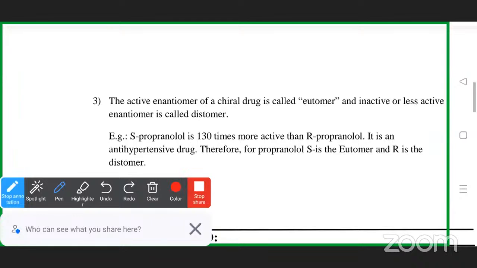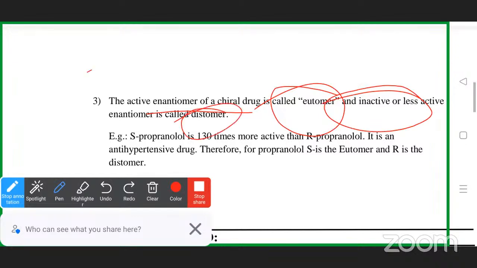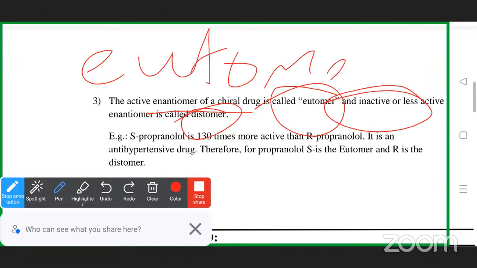So the active enantiomer of a chiral drug is called the eutomer, and the inactive enantiomer or inactive isomer is called the distomer. Eutomer and distomer, these two names are frequently used in chiral chemistry.